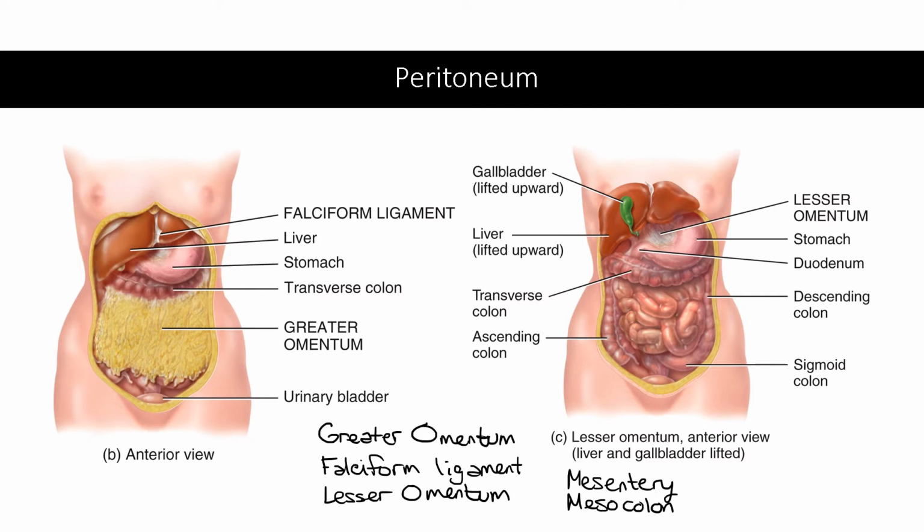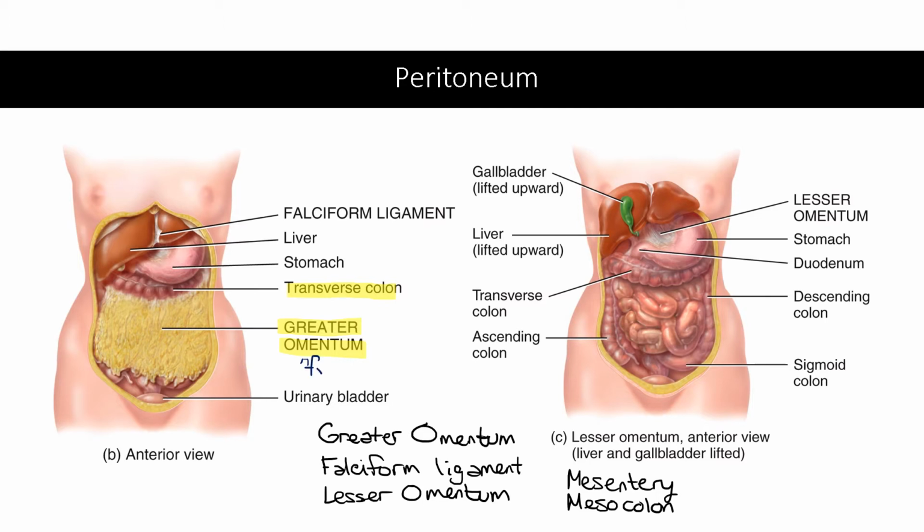So first, we can see here we have the greater omentum. This is the largest peritoneal fold. It's going to drape over the transverse colon, and it's also going to drape over all of the coils of the small intestine, kind of like a fatty apron.